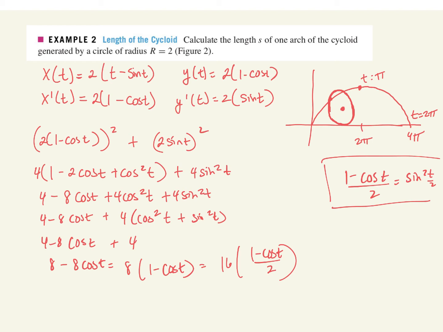Do we need to convert that to sine squared t over 2? Yes, and now we convert that to sine squared t over 2. Well, you could have just kept the 8 times 1 minus cos t because I could have multiplied it over by 2. But just even thinking that I need that identity without it being given to me would have been a challenge, for me at least. I'll openly admit that. So you have 16 times sine squared t over 2.